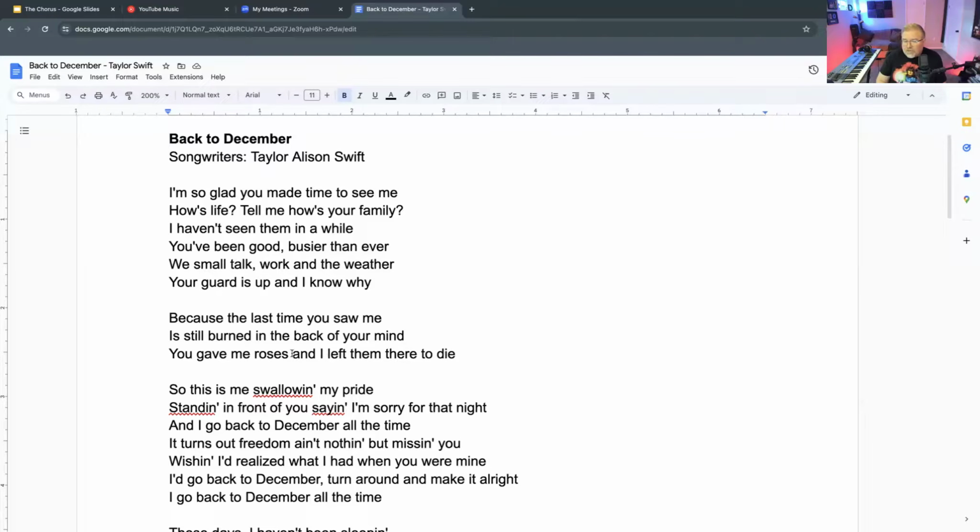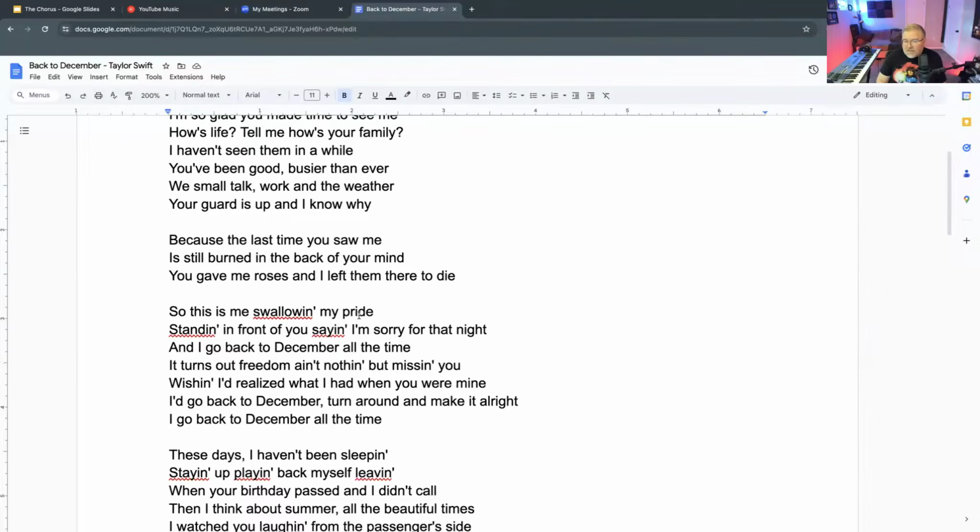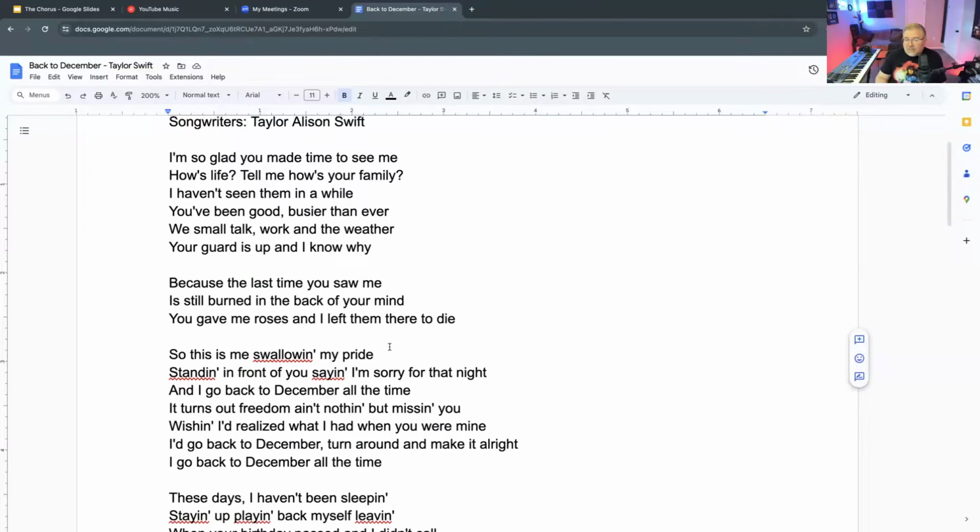When you get to the pre-chorus, it has kind of an XAA, and then you have AAA, XAAA. So the rhyme scheme is changing, the length of the lines is changing, the rhythm of the lines is changing, and the number of lines is all changing.